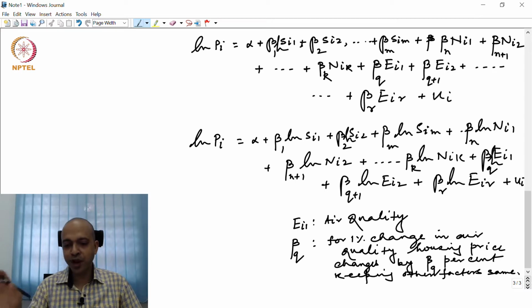Then we apply a regression technique to estimate, and the estimated beta coefficients will tell you the responsiveness of housing price with respect to locational factor, site specific factor, as well as environmental factor.